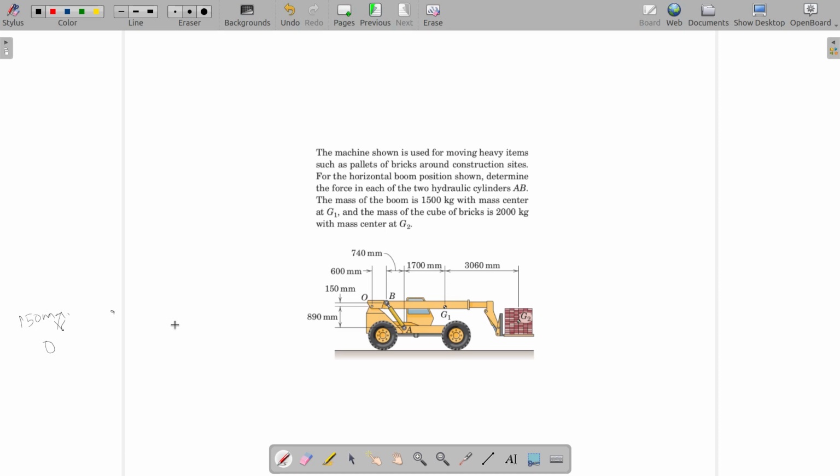And you have G1 and G2. The vertical distance of G1 and G2 from position O is given here, but you can see that the vertical distance of G2 from any of the reference point is not given, and that is not required also.